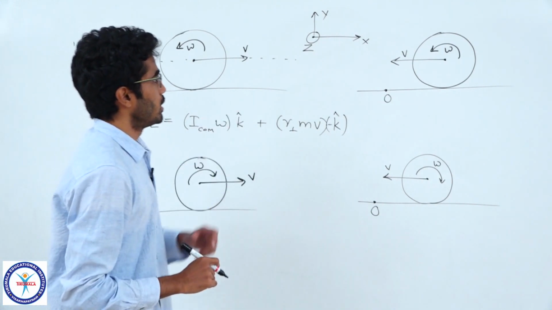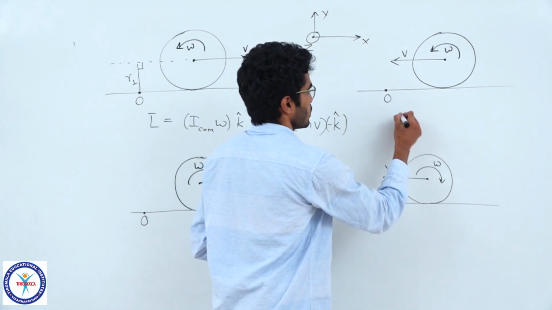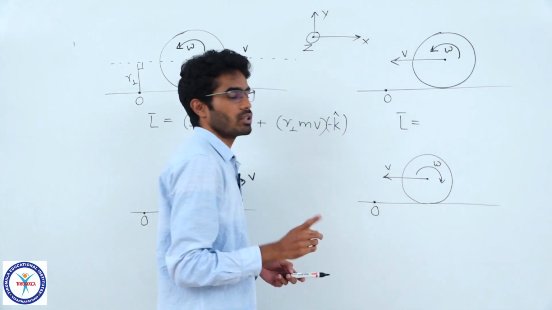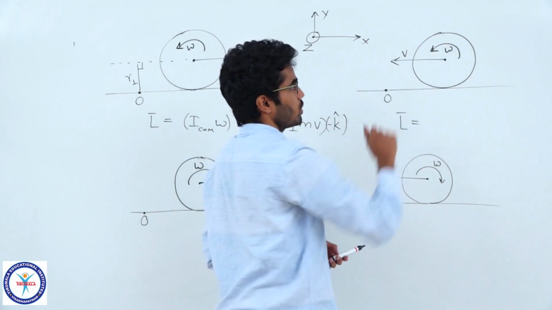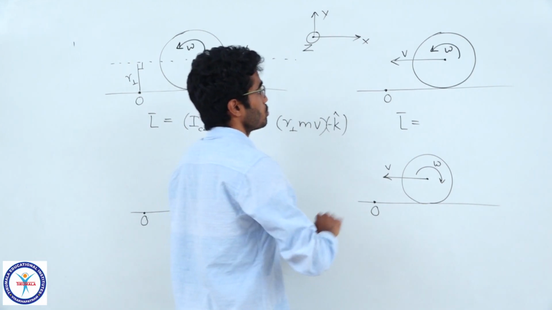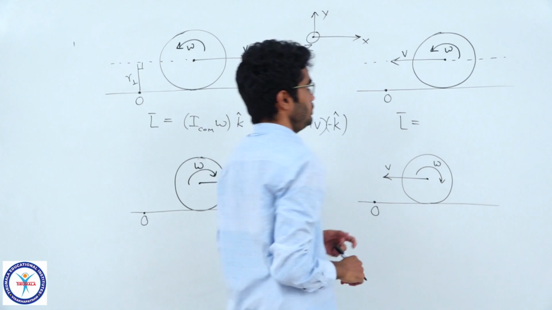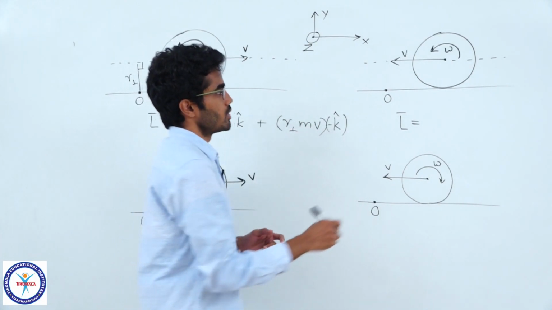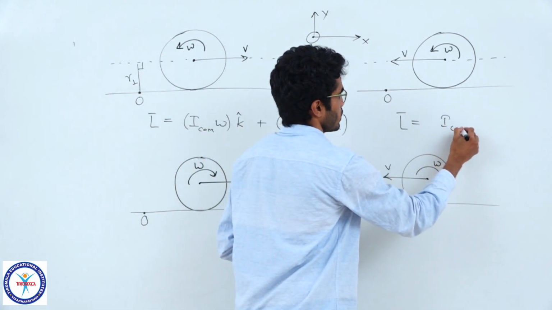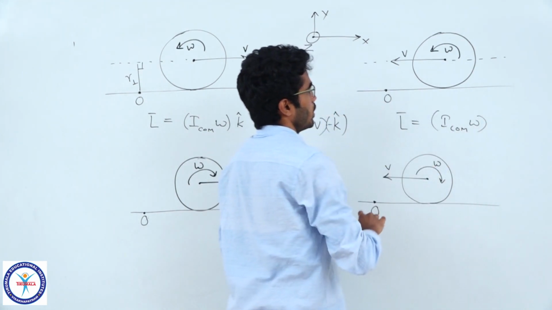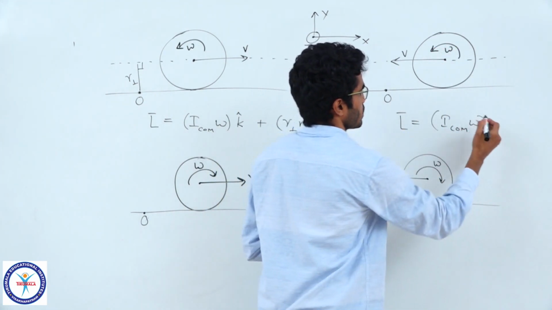Now, let us do the same for the second case here. The first thing is the rotation is anti-clockwise and the center of mass is moving along this horizontal line. So, it is I omega, sense anti-clockwise and it is pointing outwards.